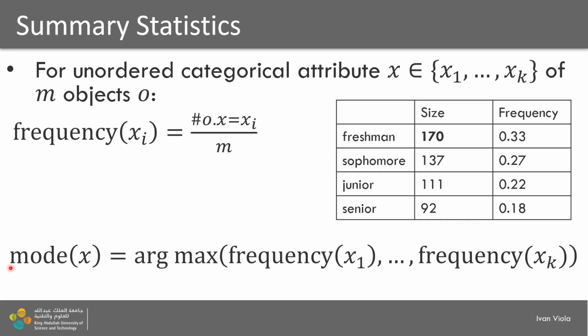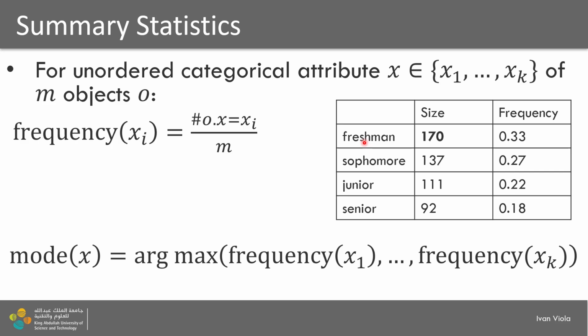Okay, and then if we want to find out the mode, the mode will be the value with the highest frequency. In this particular data set, the freshman will be the category with the highest number of students.